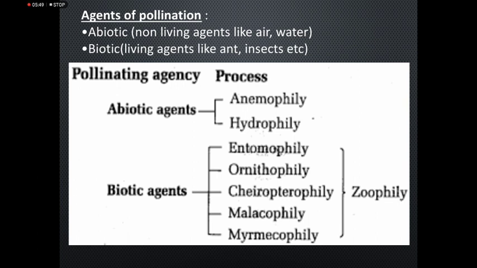Examples of abiotic agents are anemophily and hydrophily. Examples of biotic agents are entomophily, ornithophily, chiropterophily, malacophily, myrmecophily, etc. All these belong to zoophily. Zoophily means transfer of pollen grains with the help of animals.